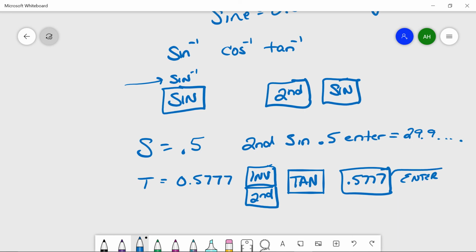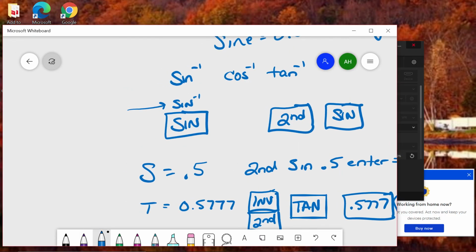When I do that, it's going to give me close to 30, and I'm going to have to round it up. So that's how those inverse tangents and inverse sines are used, if you have the actual sine but you're trying to figure out the angle that goes with it. Hope that helps, guys.